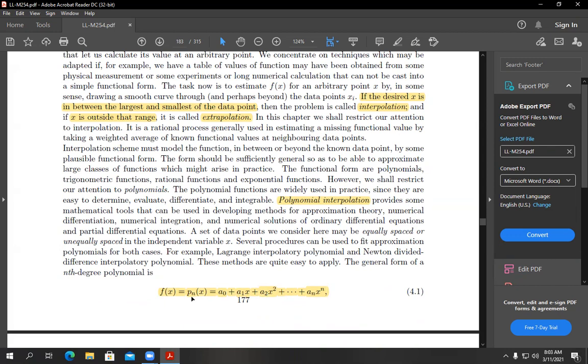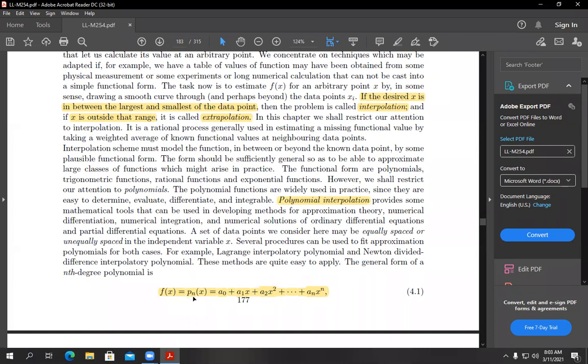At the values given in the table, Pn is always equal to f of x. But if x is not a table value, inside the interval, then we will never say equal, we say approximate, please. That's what we have to do, inshallah, in our chapter number 4.